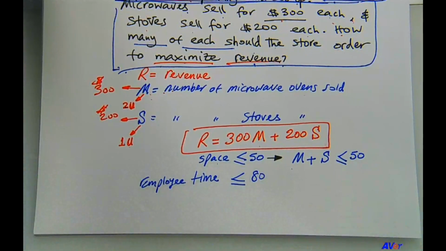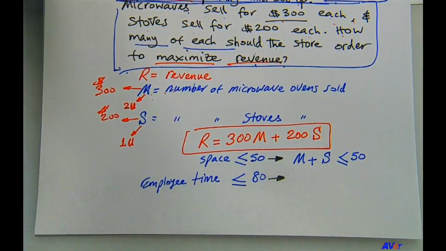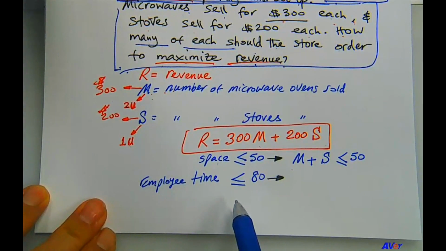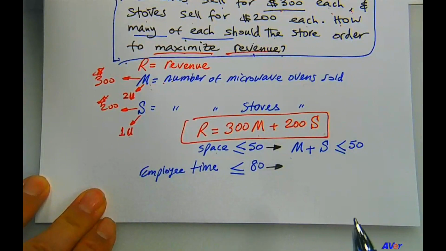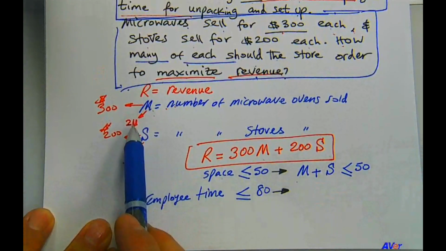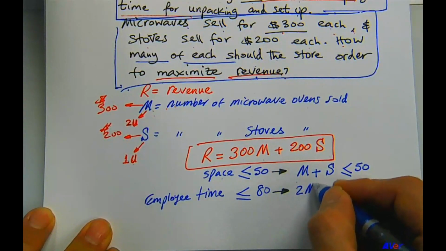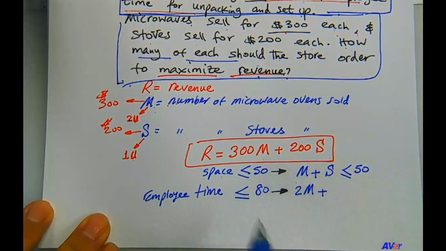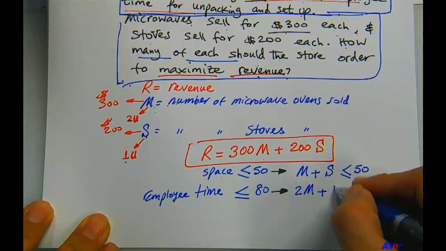So let's set up the other constraint inequality based on this information. So employee time cannot exceed 80 hours for unpacking and setting up. Okay, so we know that each microwave takes 2 hours to unpack and set up. So 2M plus each stove is taking 1 hour to unpack and set up.